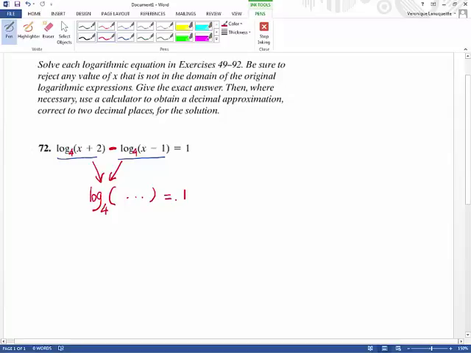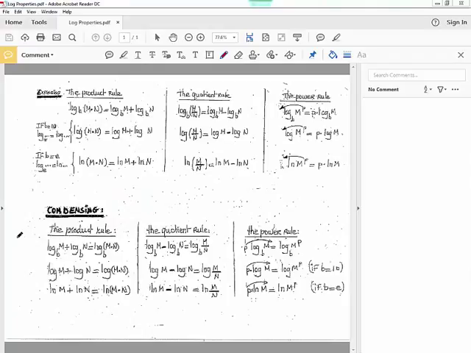So let's go ahead and see how we're going to achieve that, which property of log we can use to combine 2 logs that are creating a difference over here into one single log. Let me refer you to the property of logs, which I'm going to display in just a second. So let's see which property of logs we're going to use.